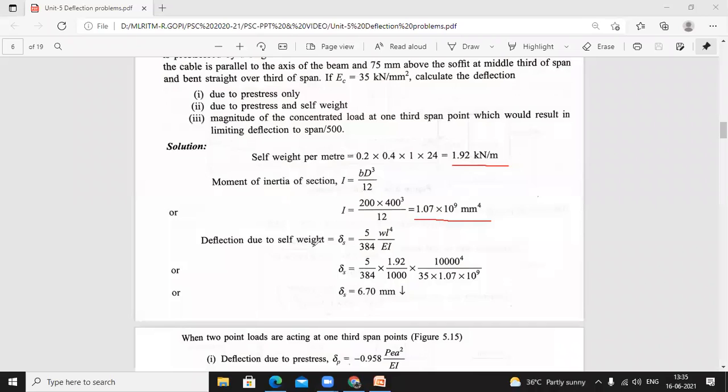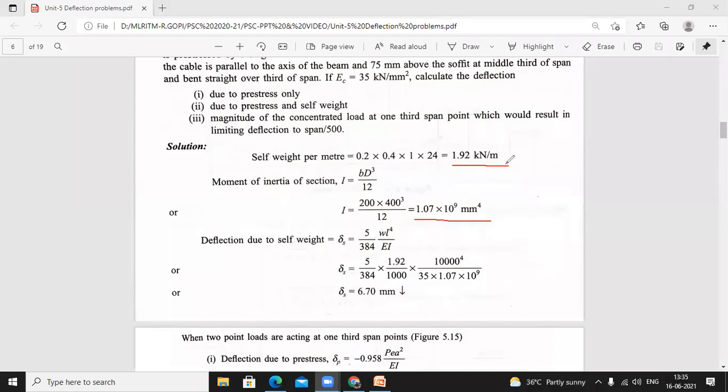What is the deflection due to self-weight? Since the self-weight is acting as a UDL, uniformly distributed load, the deflection is 5 by 384 into WL power 4 divided by EI.